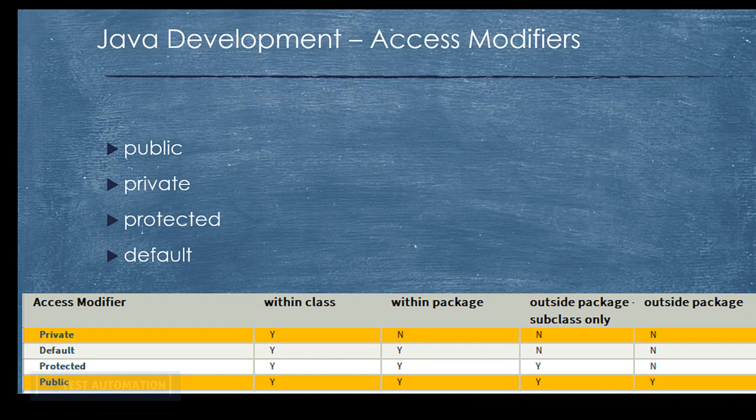So we will organize the classes into different packages. So here the concept is that what level of access a particular class, method, or variable has is defined by access modifiers. Let us take a look at some basic code to understand this.